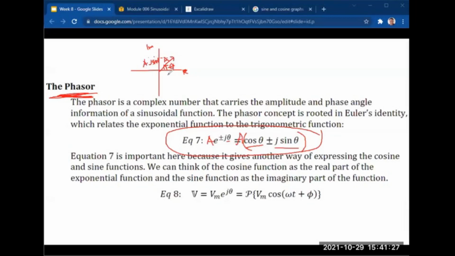This is the x part, this is the A cosine theta. So this is a little refresher of our Euler's identity. And this is plotted in the frequency domain.